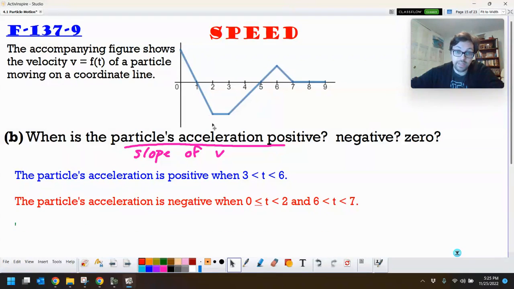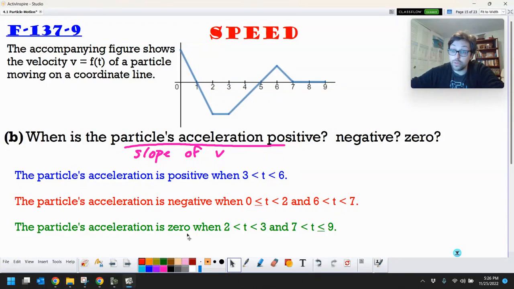So we have a negative acceleration on this region because our slope is going down, and also a negative acceleration here. And we have acceleration of 0 when we have flat lines. So we have flat lines right here, and we have another flat line right here. Those are the 2 points where we have 0 acceleration. And then those negative accelerations are right here and right here. And then our positive acceleration is when our slope is positive because slope is derivative. Derivative of velocity gives us acceleration.